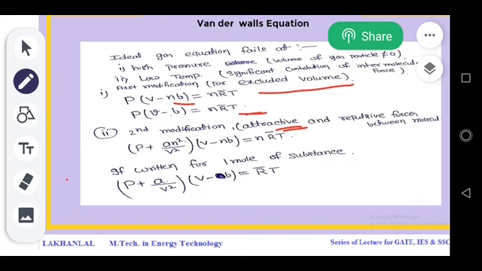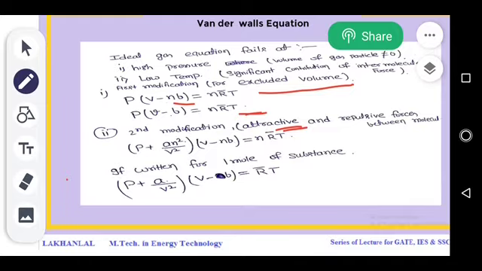But for real gas, there are some significant interatomic and intermolecular interactions. So the pressure you measure is going to be less than the ideal gas pressure. So you need to add a term a n square divided by V square to the pressure term. So you will get this equation.